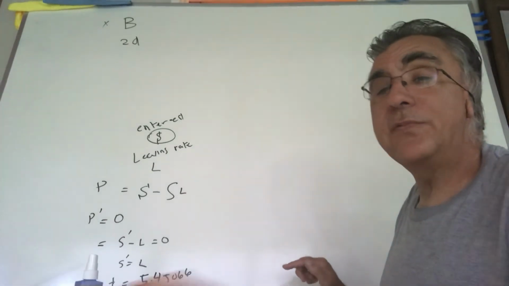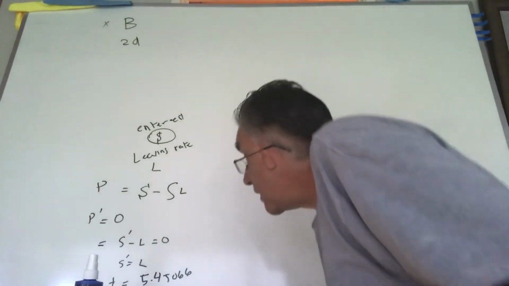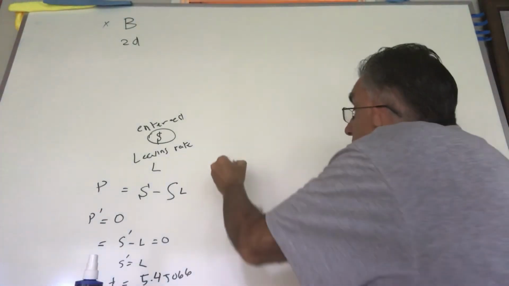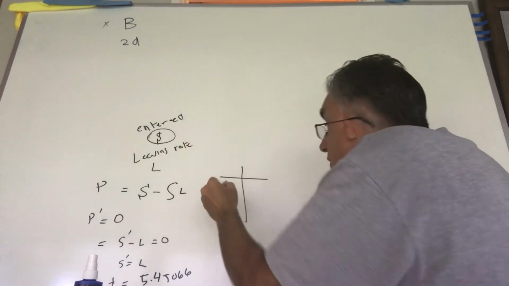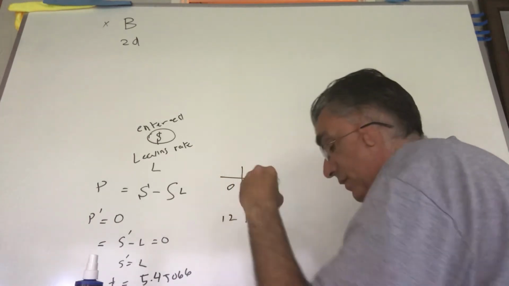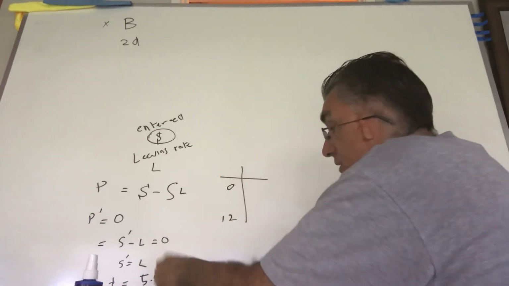You might not be able to read it, hopefully you can. Now, when is something at a max or a min? At its endpoints, 0 and 12, or at this number here, 5.45066.